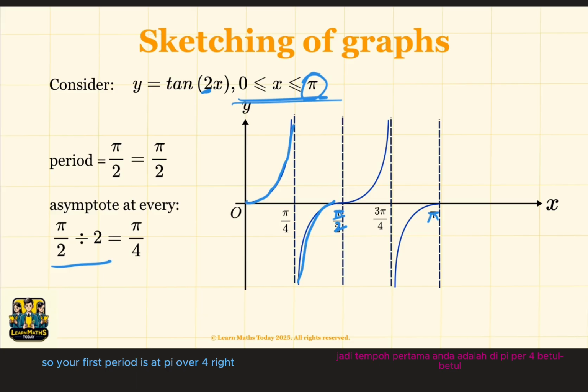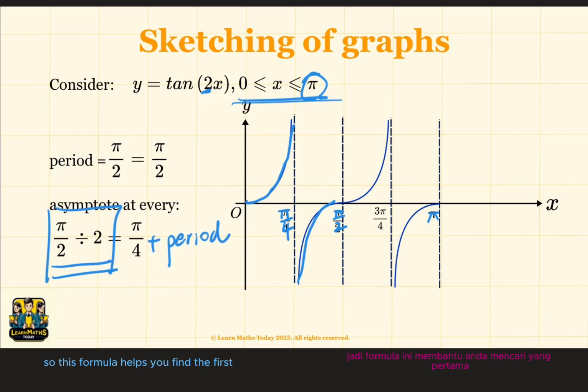So your first asymptote is at pi over 4. Then your next asymptote is at pi over 4 plus period. This formula helps you find the first asymptote. Then the next asymptote is this plus period, and so on and so forth.